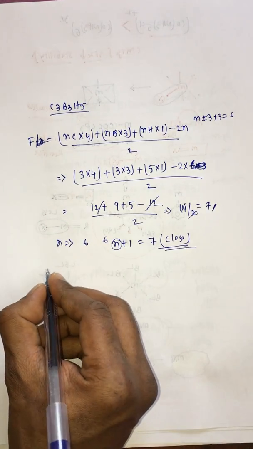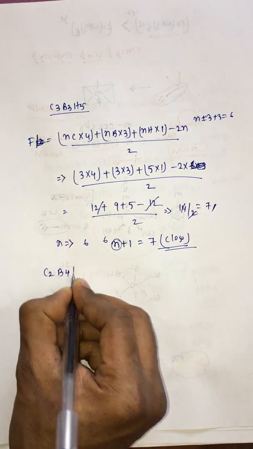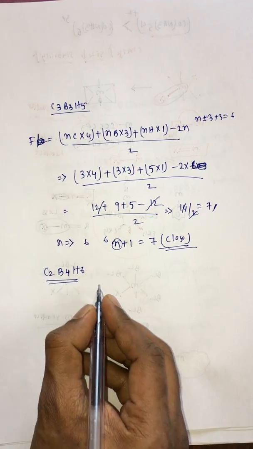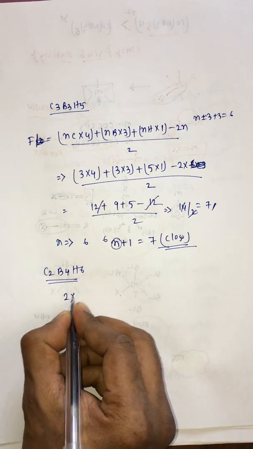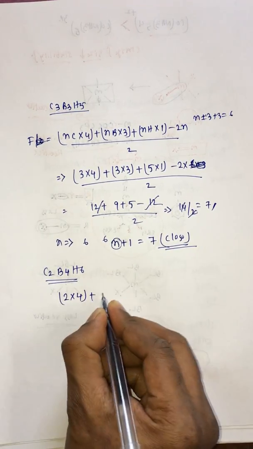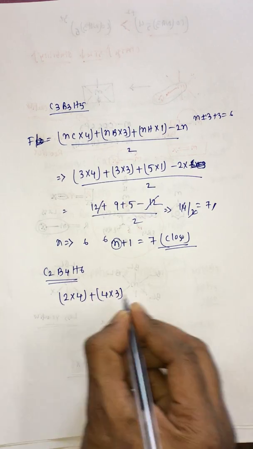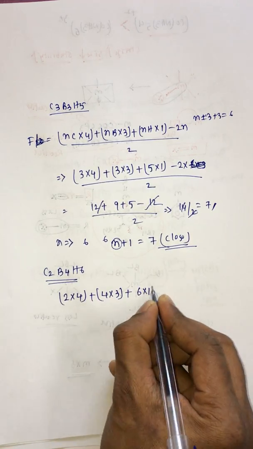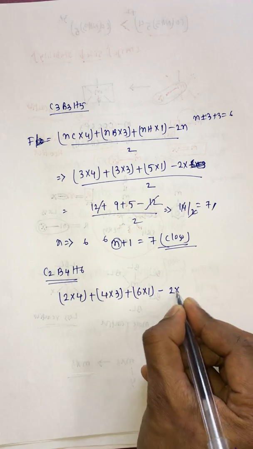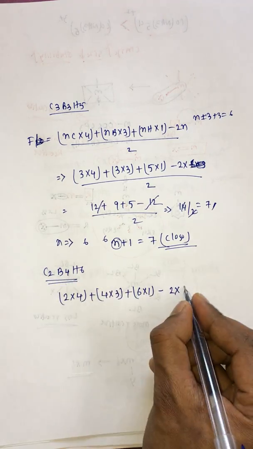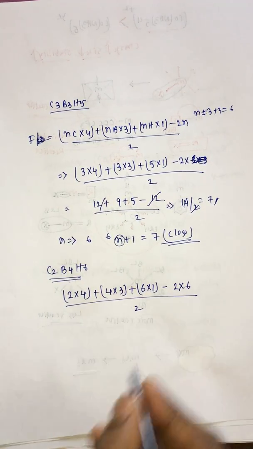And next we have C2, B4, H6. In this case 2 into 4 plus 4 into 3 plus 6 into 1 minus 2 into, this will be 6, 4 plus 2 equals 6.